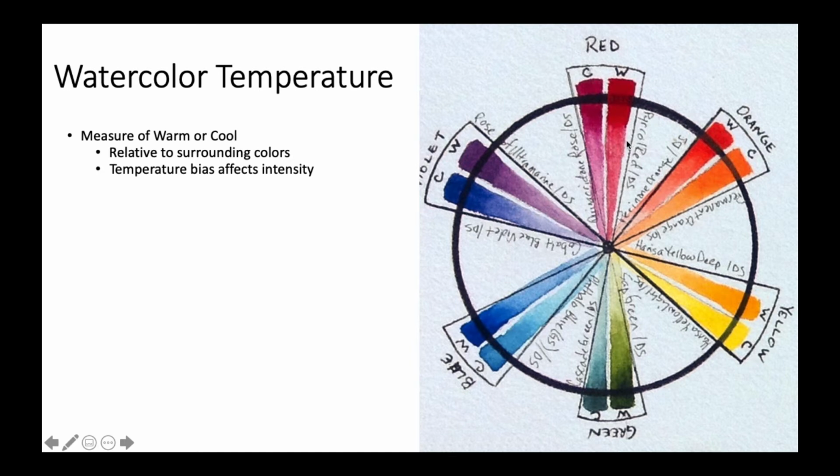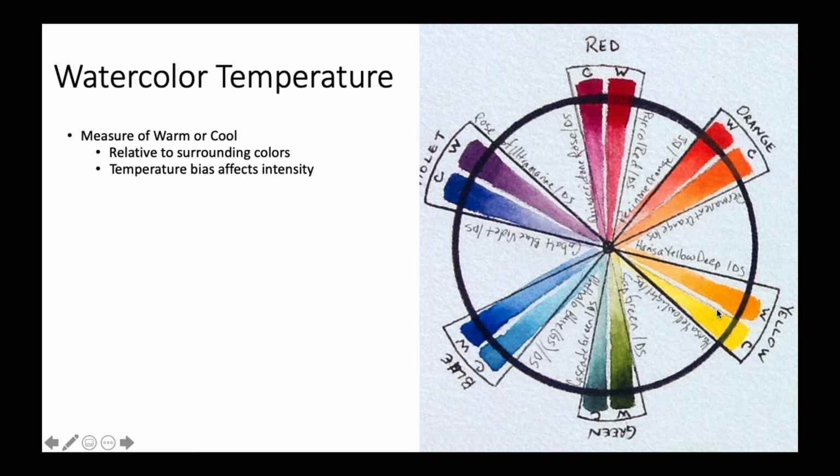So it's relative. A red can be on a spectrum from very red orange all the way to very blue, red violet. So we call the reds that appear to have blue in them cool reds, and reds that appear to have yellow in them warm reds. So they skew orange and these skew violet.